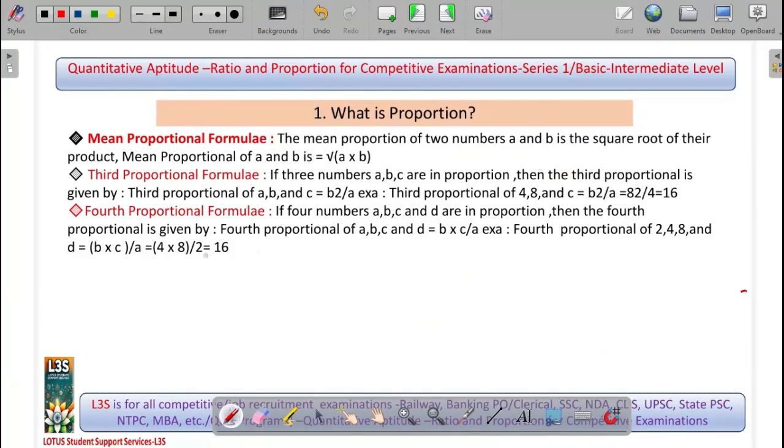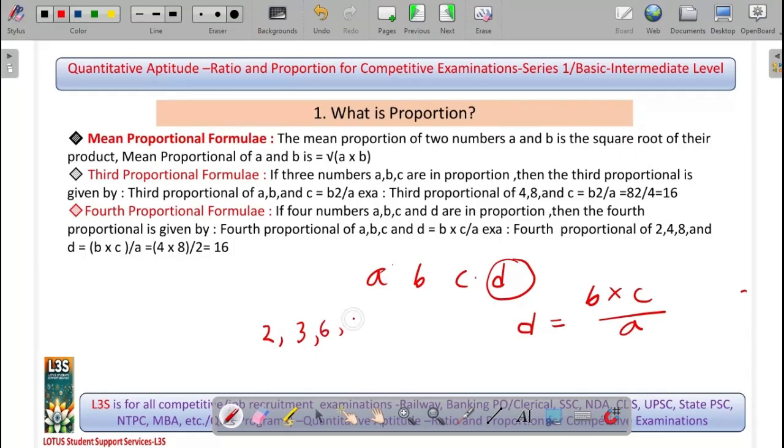Another one, fourth proportional formula. If four numbers A, B, C, and D are in proportion and we don't know D, then D will be equal to B into C divided by A. For example, if we have 2, 3, 6 and D, then what is the value of D?